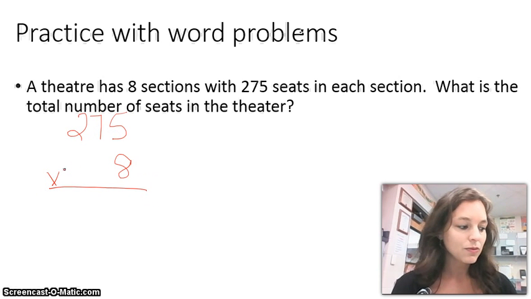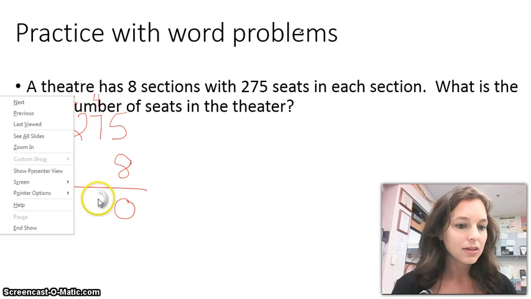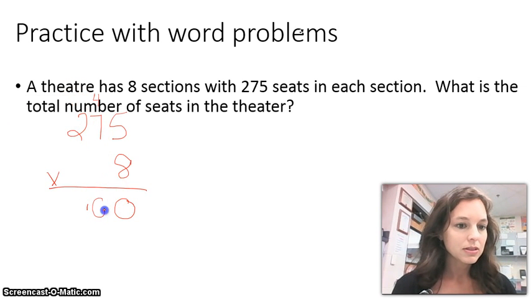8 times 5 is 40, so we carry the 4 and bring down the 0. 8 times 7 is 56, plus 4 is 60, so we carry the 6, bring down the 0. 8 times 2 is 16 plus 6, that's 22.